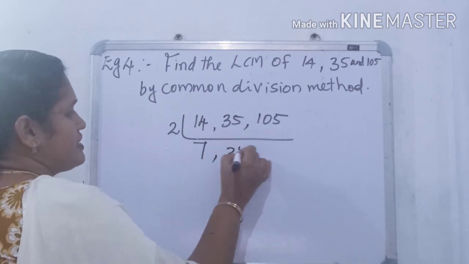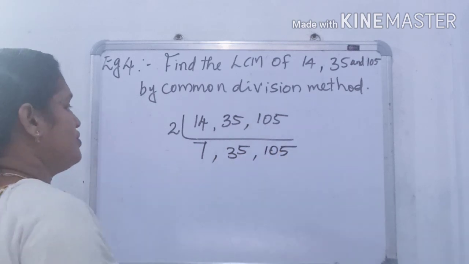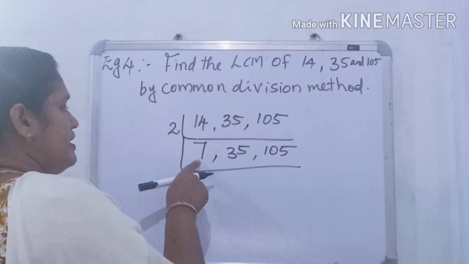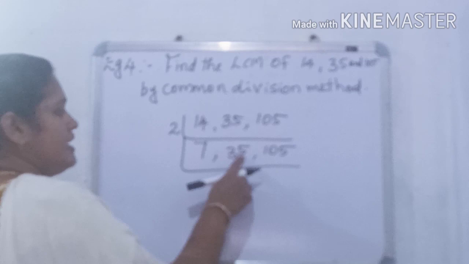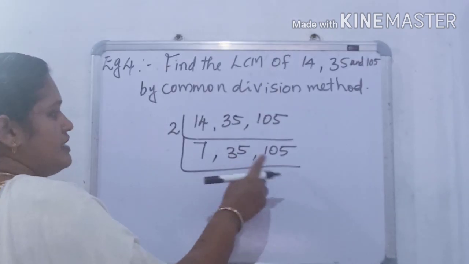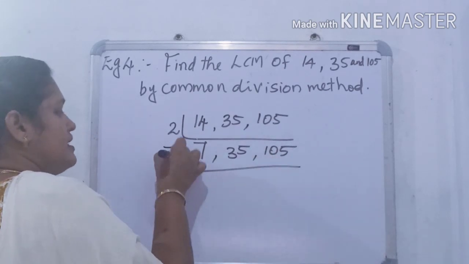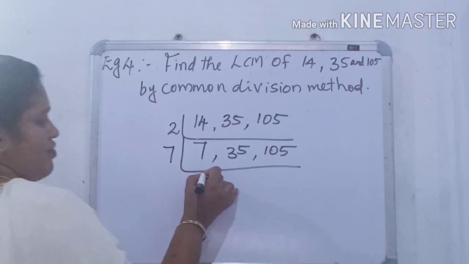35 is not divisible by 2. 105 is also not divisible by 2. Here next 7 is divisible by 7 only. 35 is also divisible by 7 and 105 is also divisible by 7. So we can divide all numbers by 7. How many times 7s are there in 7? 1.